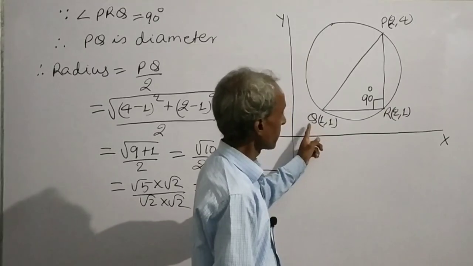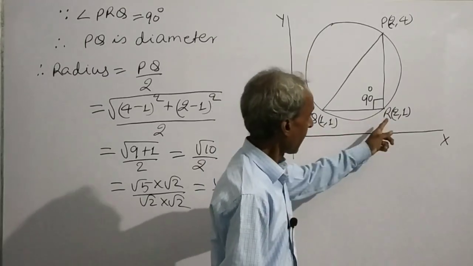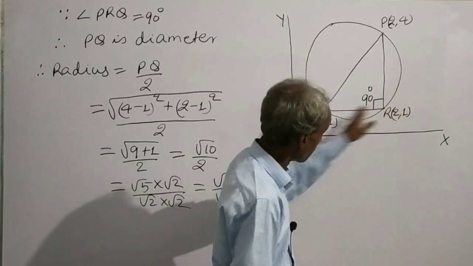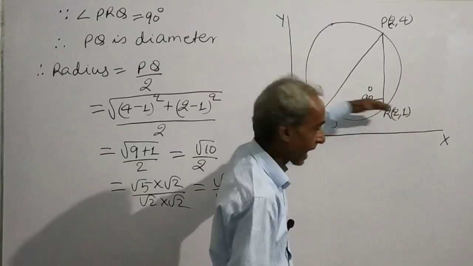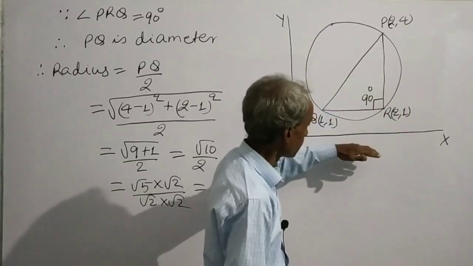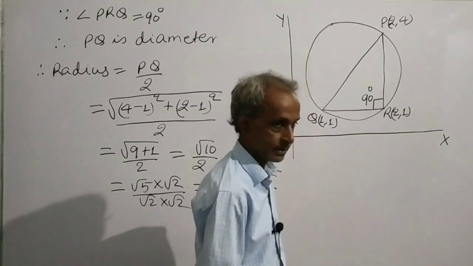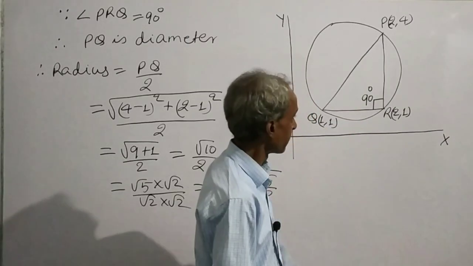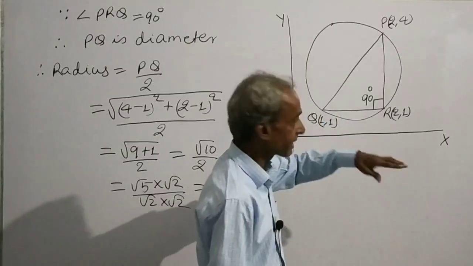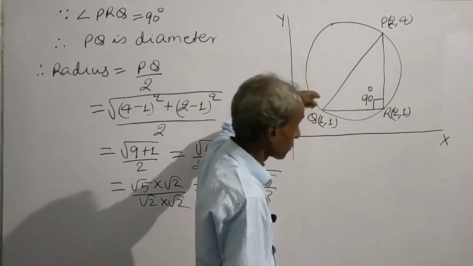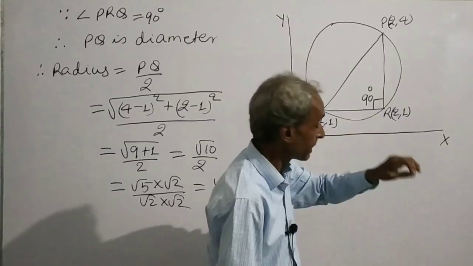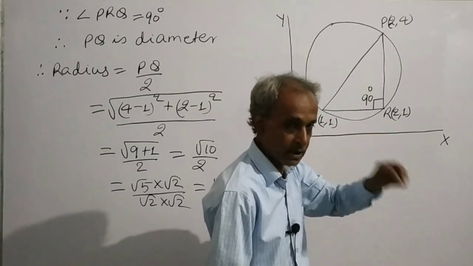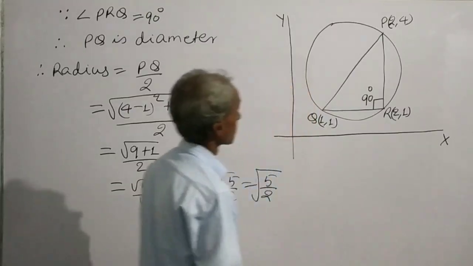Since y coordinate of point Q and point R are equal, therefore this side QR is parallel to x-axis. Therefore, this angle will be 90 degree. Since this angle is 90 degree, therefore PQ will be diameter of this circle by using metric class knowledge.